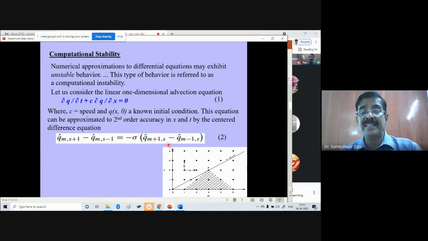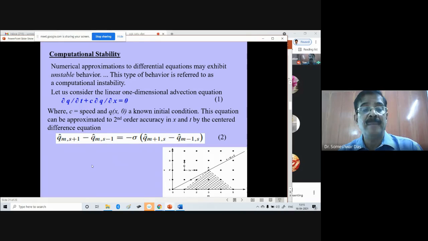And the y-axis here, denoted by S, indicates the time step. So S plus 1 is the next time step, S minus 1 is the previous time step at the location M, which ranges from 1, 2, 3, 4, 5, and so on, up to the number of grid points in that entire domain.